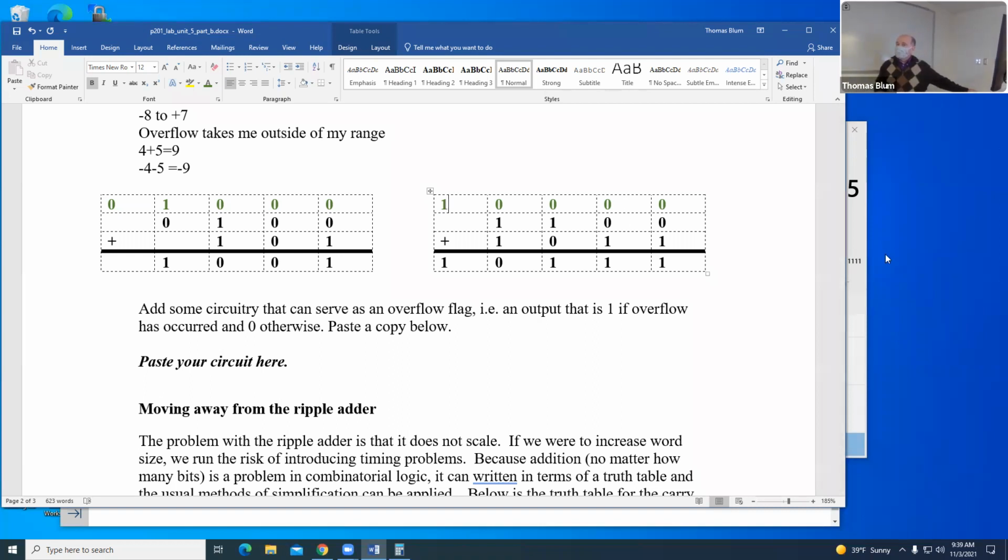And now we want to build some circuitry that would indicate that. I'll show what I think, to my mind, is the direct approach, and then there's another approach that's a little slicker.